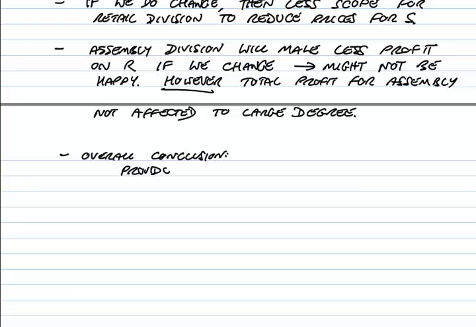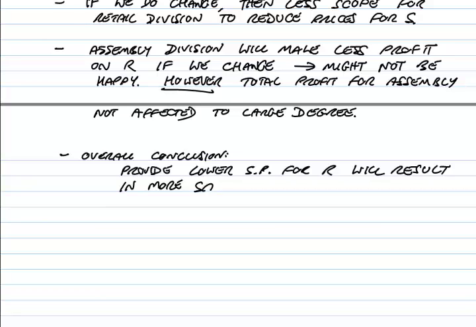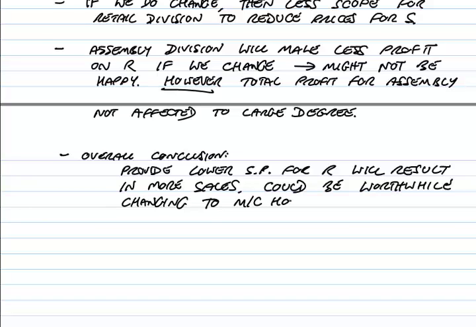Provided lower selling price for R will result in more sales, it could be worthwhile changing to machine hours or activity-based costing.